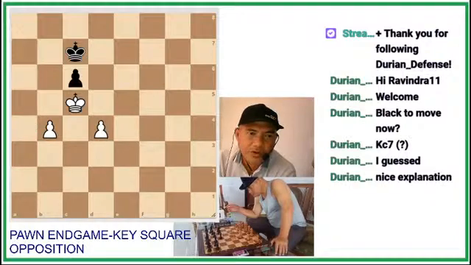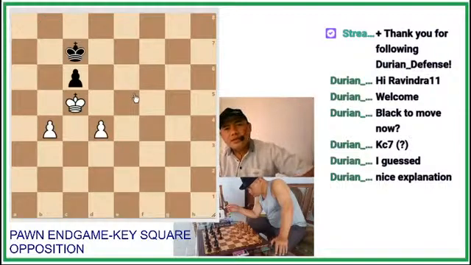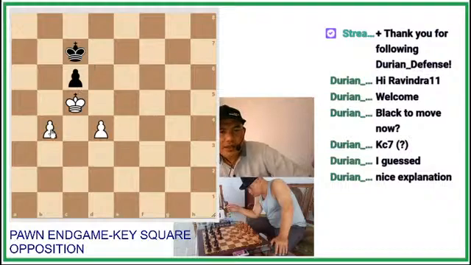The case before was this pawn on the A file, so there is no promotion because the key square is here. But in this position, the key square is here. This pawn, the key square is here, and this pawn, the key square is here.